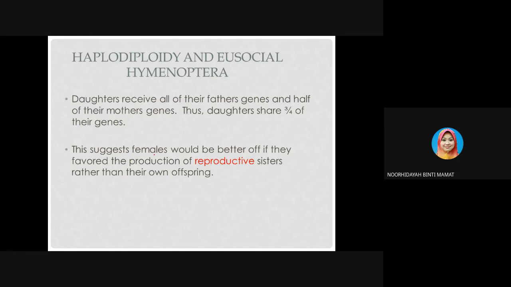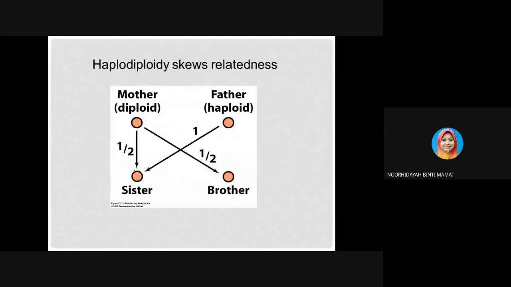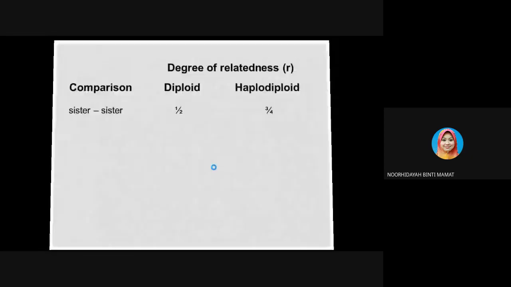This suggests that females would be better off if they favored the production of reproductive sisters rather than their own offspring. Why would it be like that? Because a sister will get half from the mother and the whole of the father's genes, while a brother only gets half from the mother.